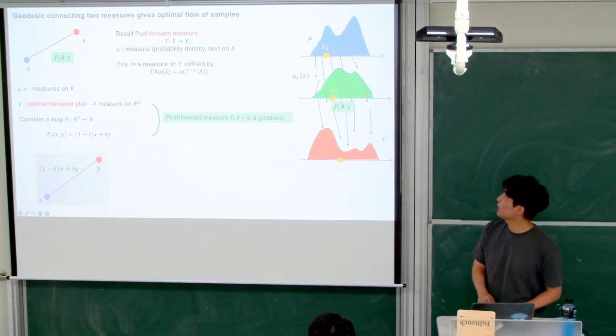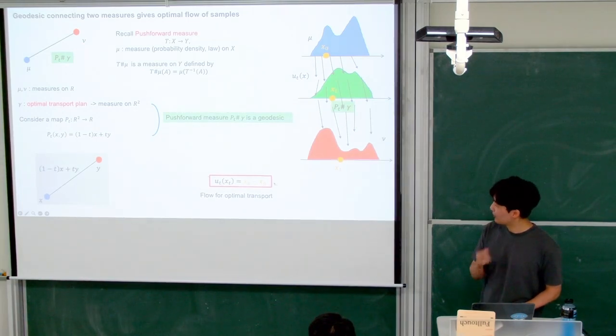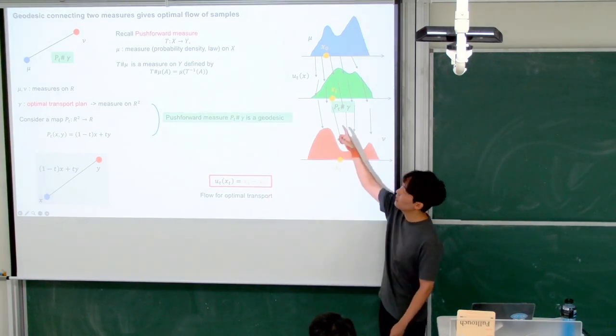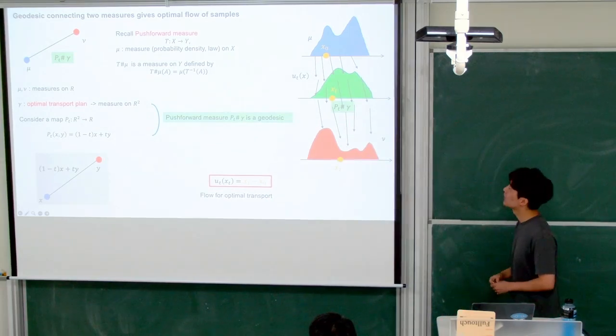Then what is the intermediate step, x_t? The x_t is given by this following vector field, u_t of x_t. The trajectory of x_t is given by this fluid, which is simply a straight line connecting x0 and x1.